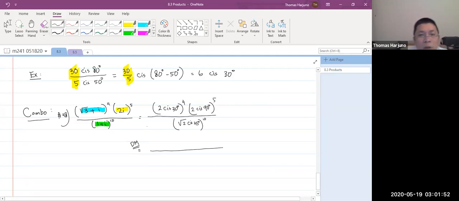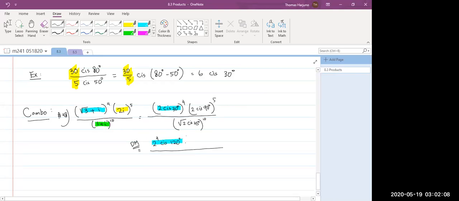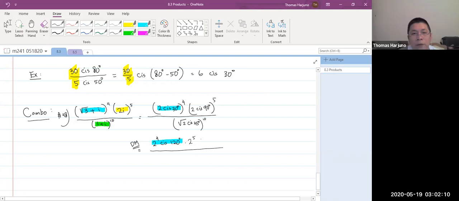Okay, with Moivre's theorem, I will get 2 to the 4th here, says 120 degrees. Is it okay? Yeah. Times 2 to the 5th, says 450 degrees. Over, what is the bottom?